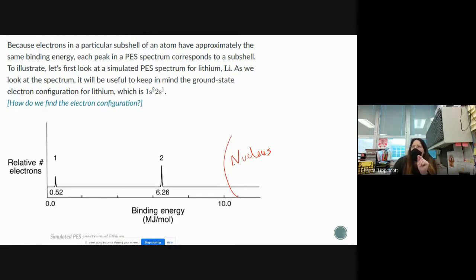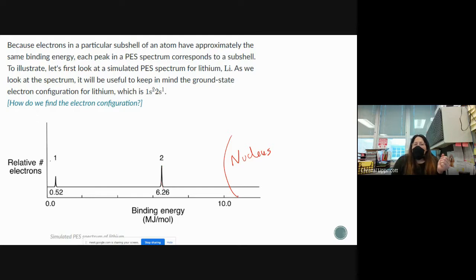And if you think about that, that makes sense. This electron is not going to be held as tightly as the electrons that are closer to the nucleus. Because remember, as distance increases, what happens to your force? It decreases. So it's going to take less energy to pull this electron away than it would take these electrons.